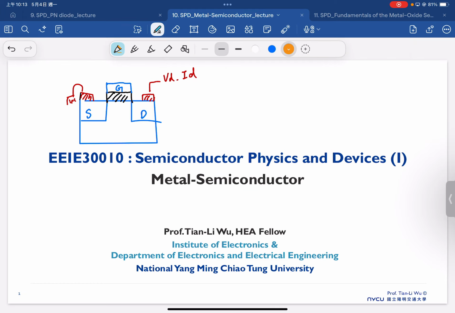And therefore, this interface is the metal semiconductor junction. In general, there are two different types of this junction. The first one is the ohmic junction.